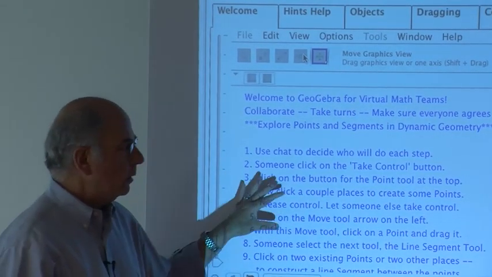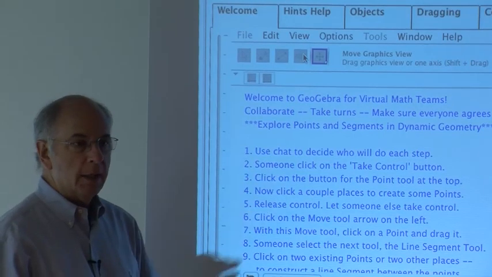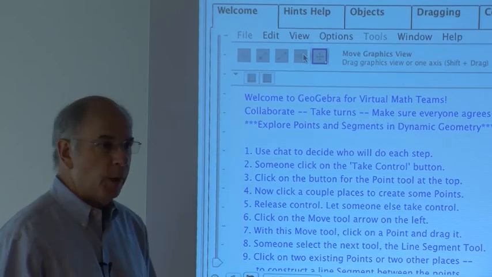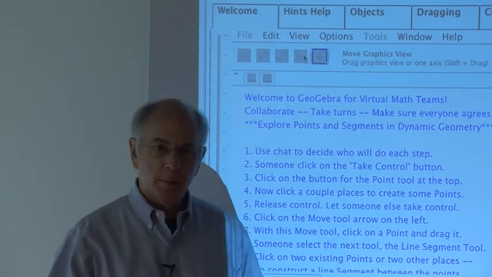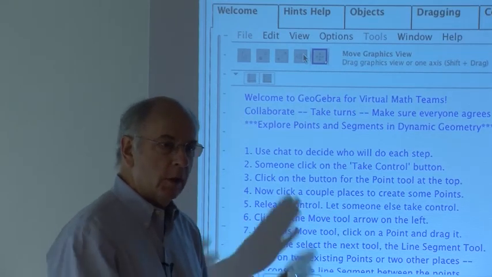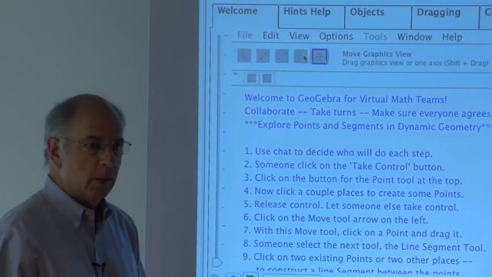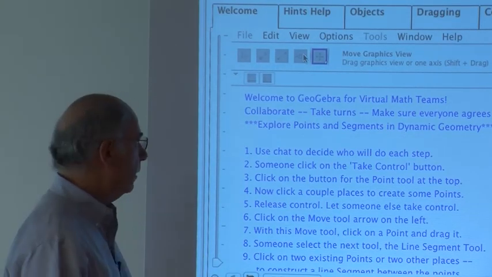But they have to be introduced here to the VMT system and to GeoGebra and to the mathematical topic of geometry, and probably to collaborative learning. They may not have had any collaborative learning experiences in school either. So it's a lot that we have to introduce them to through the curriculum, and we can see all of those things unfolding in the data.